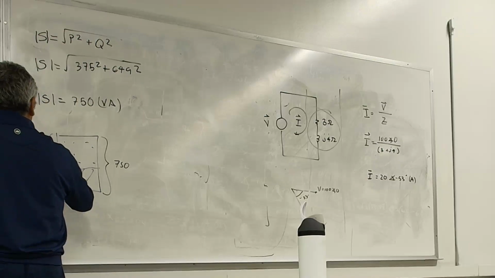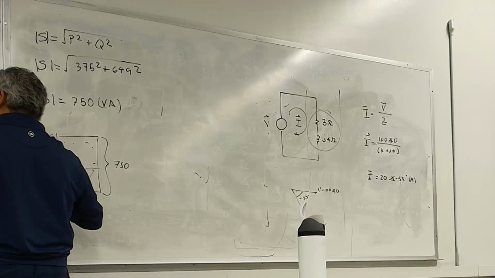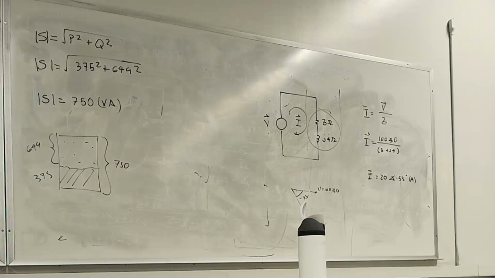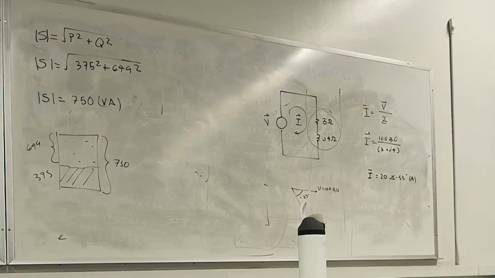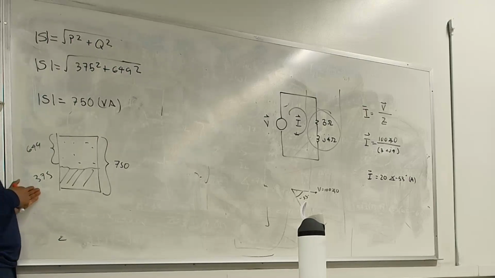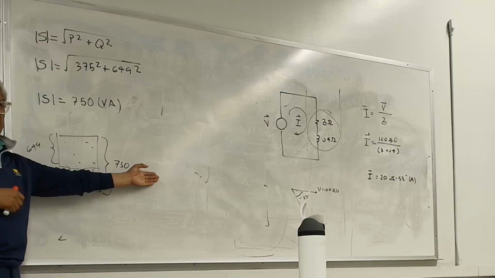This is 649. This is 375. Just by looking at the magnitudes, do you think this transformer is being used very efficiently? Not really. It has a very poor power factor, right?